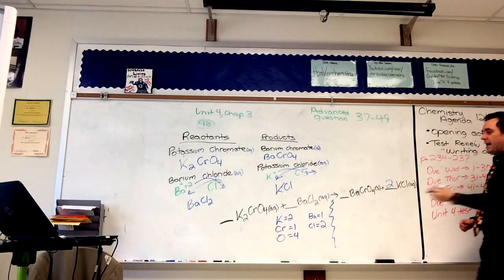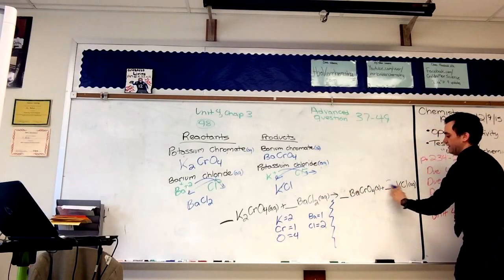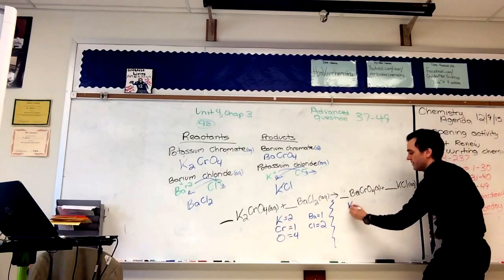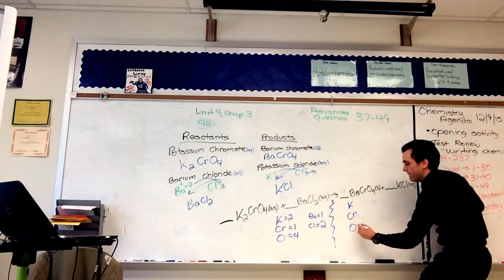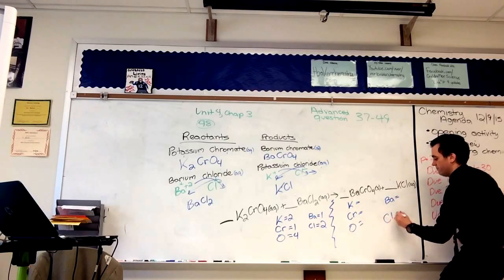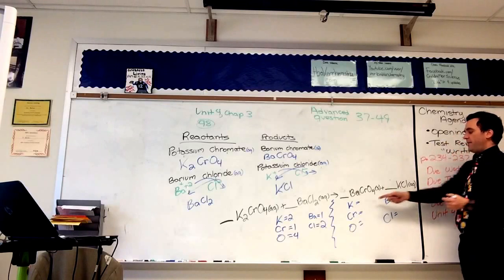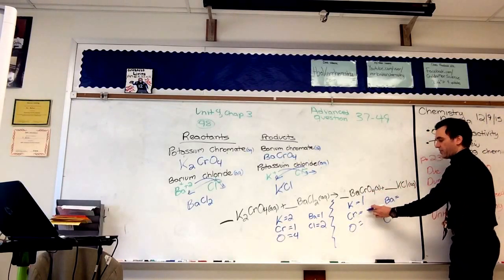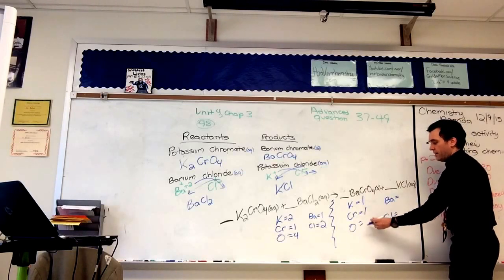All right, so on this side, before I balanced it, that's how many potassiums we have. On this side, how many potassiums do I have without balancing it? One. How many chromates? One. How many oxygens?